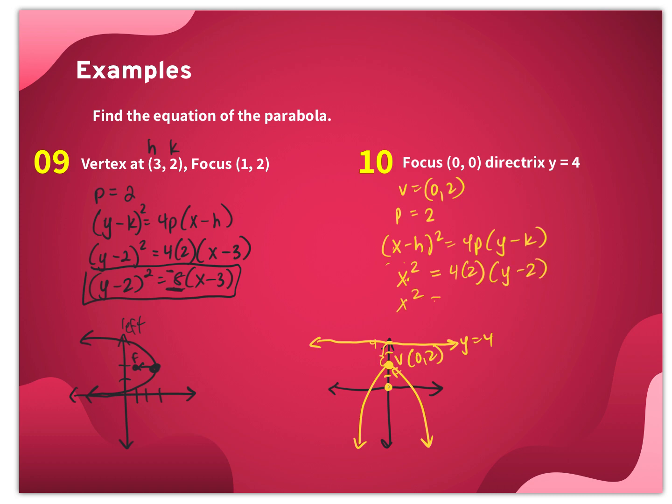So x squared equals 8 times y minus 2. And there's the equation of my parabola. And that's all you need to do. Now again, let me think about that. Notice that my 8 here is positive, and it can't be, right? My 8 has to be negative because it opens down. So I do have to take that into account and make that negative. And that's the final answer.